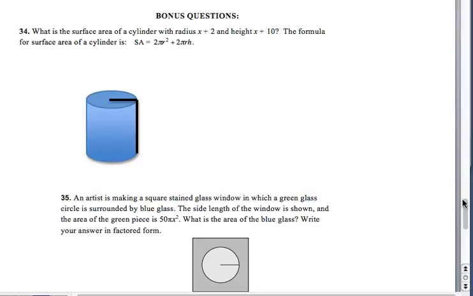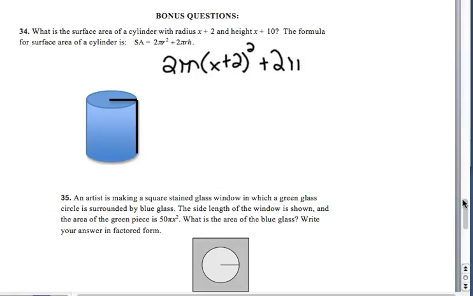So the first one says, what is the surface area of a cylinder with radius x plus 2 and height x plus 10? The formula for surface area of a cylinder is as follows. So here, I can just start plugging things in. So 2 pi, and then the radius it gave me is x plus 2 squared.